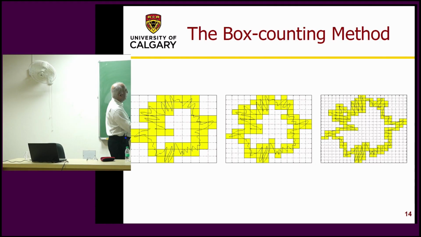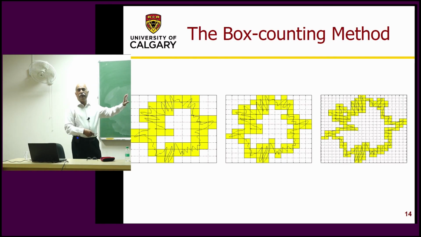Change the scale, make the box smaller, using half, half, half, and so on. Again do the same thing, and keep doing that. Count the number of boxes with some part of the pattern in it.